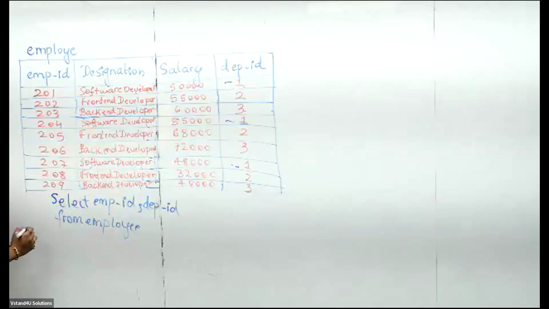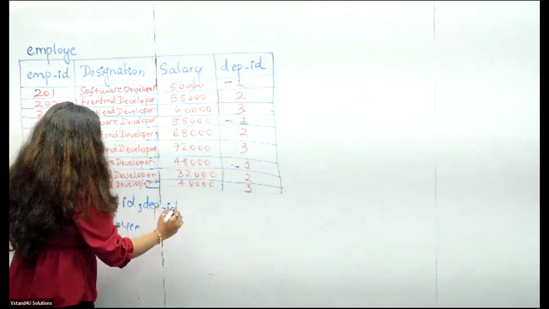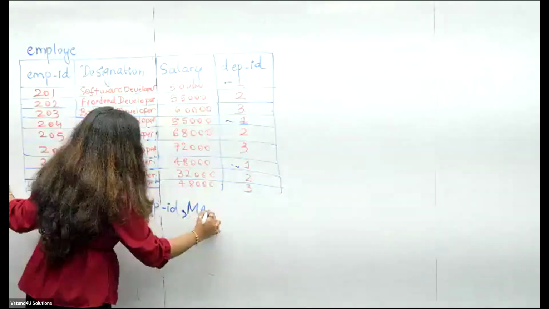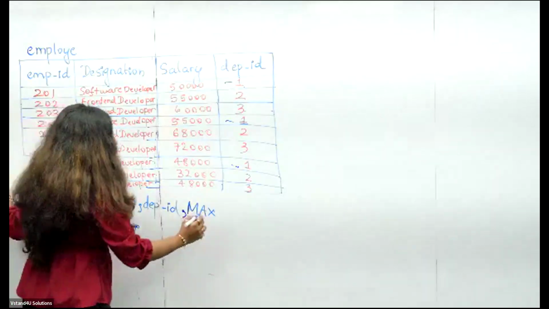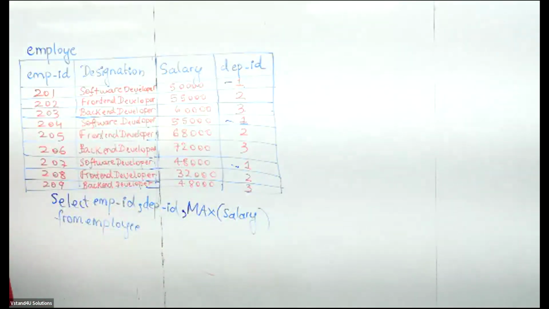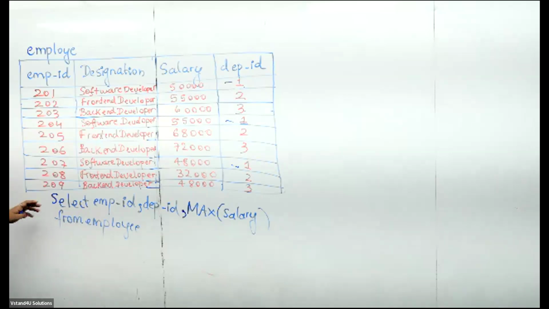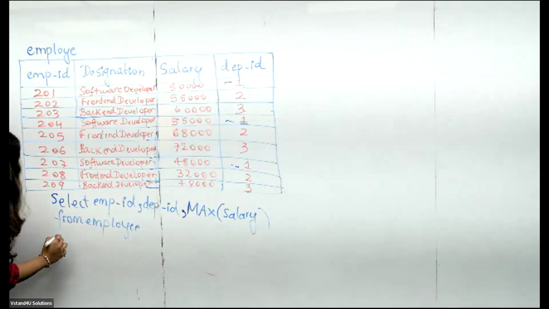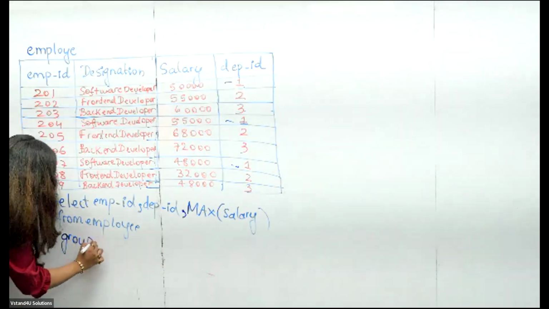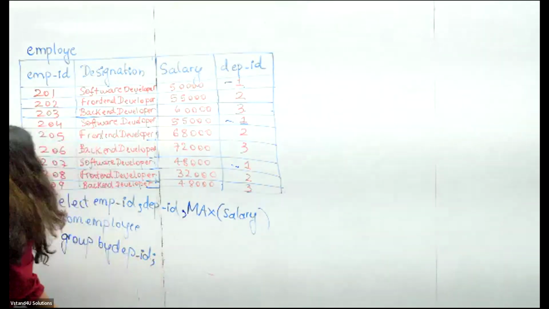So you have to fetch it from each department. So then what will I be using? See, employee ID and department ID, you have to get the maximum salary. Generally what you people will do is write like this, and now what you have to write next is group by department ID. Why group by department ID?